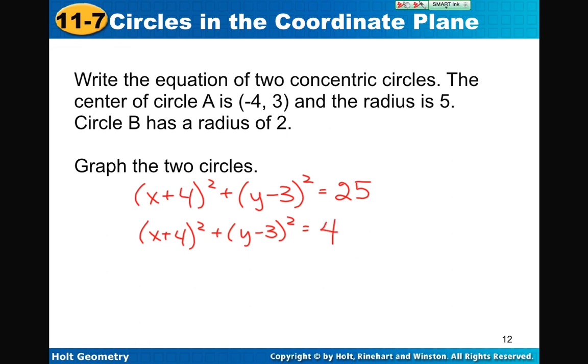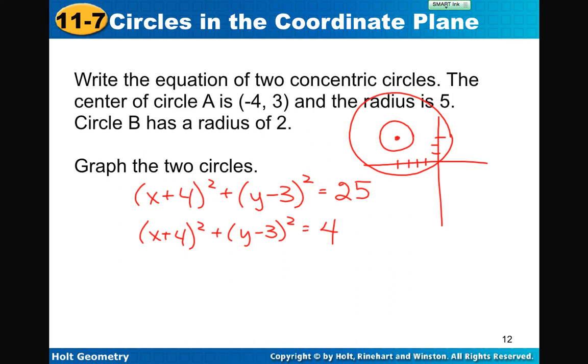When you graph them, they both have the same center, -4, 3. One had a radius of just 2, so it was kind of small. The other had a radius of 5, so it was bigger. Roughly what they looked like. Follow-up questions on those?